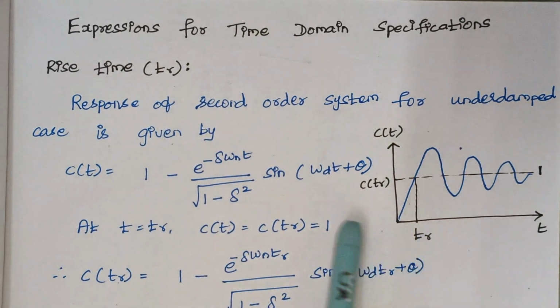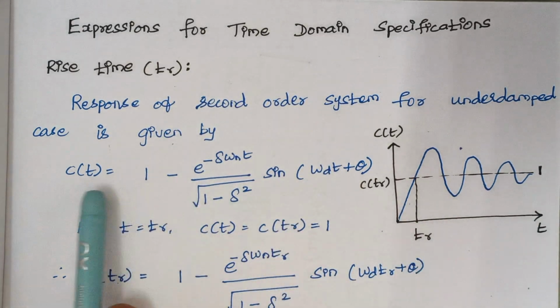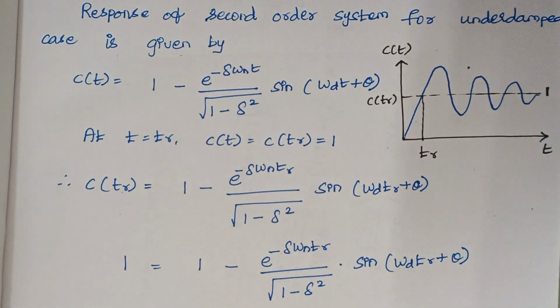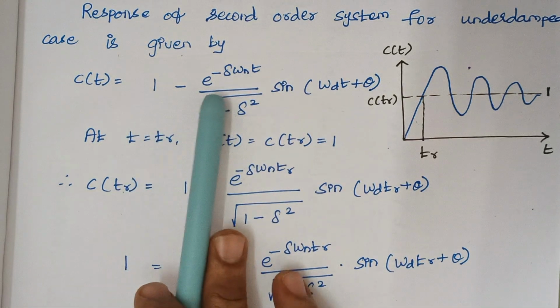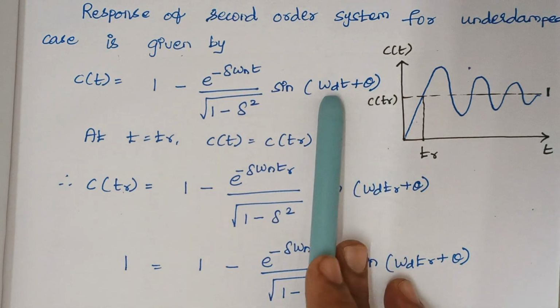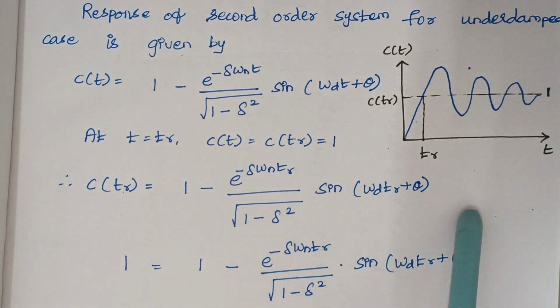So now replace T by TR in this equation. So the above expression will get modified: C of T will become C of TR, and here 1 minus, in this exponential term there is a T, so that will become TR, and finally there is a T and this T will become TR, right?